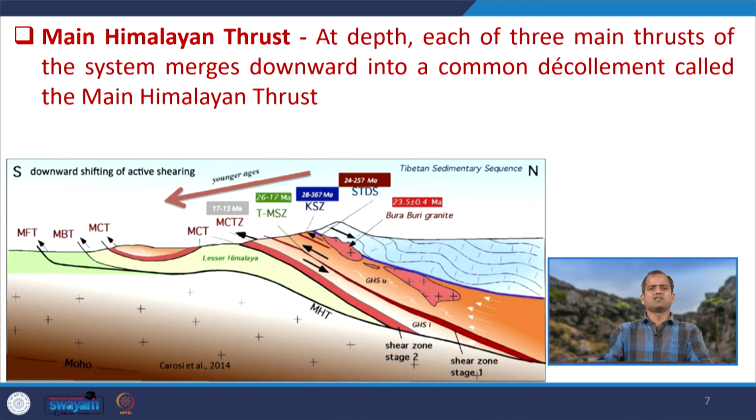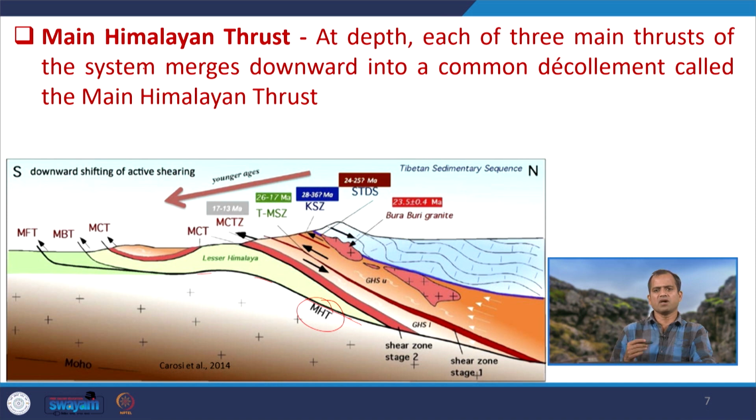Then all these thrust sheets that we have discussed so far, MFT, MBT, MCT, are merging with one main fault, called the Main Himalayan Thrust, or MHT.